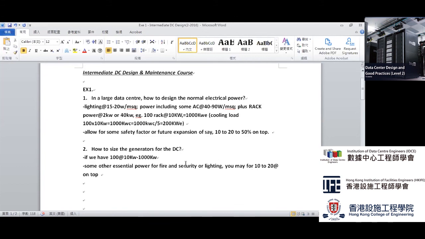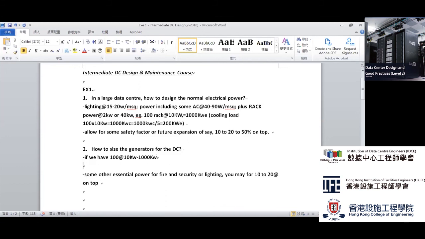Okay. But don't forget, at this moment in time, your genset also provides for the CRAC unit or chiller plant. But let's make it a CRAC first of all. So in the above case, you need a CRAC of 200 kilowatt electric.